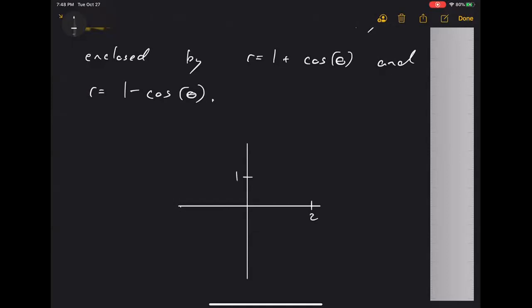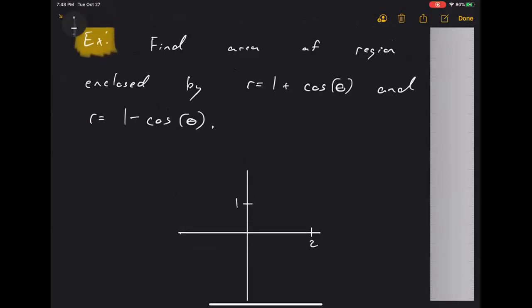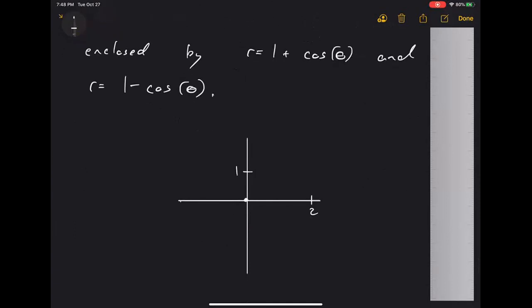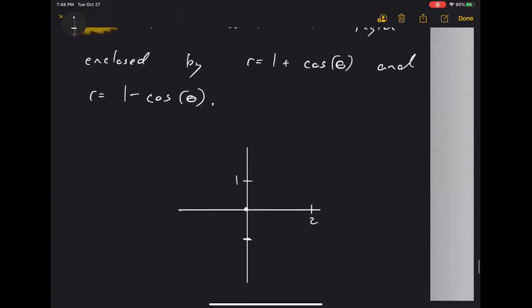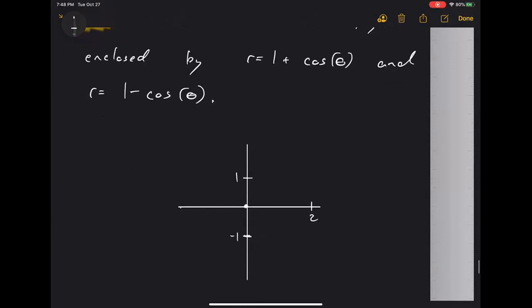When theta is equal to pi, we're at 1 plus negative 1, which is 0. And then 3 pi over 2, we're back to 1. So our cardioid 1 plus cosine theta essentially looks like this. The scale might be a little messed up, but this is essentially what it is.